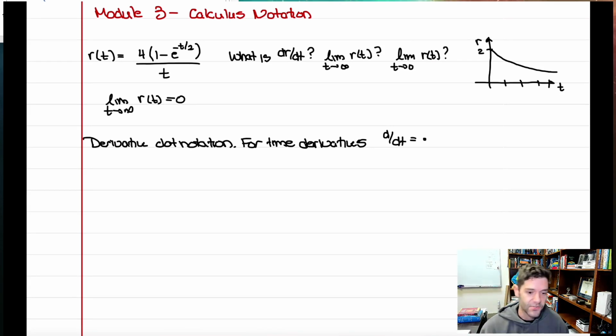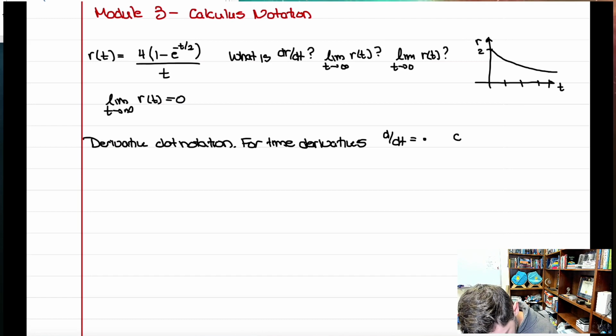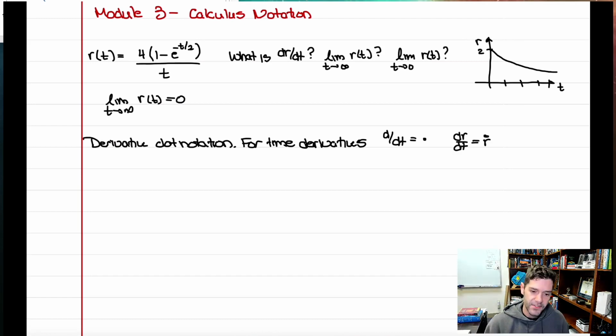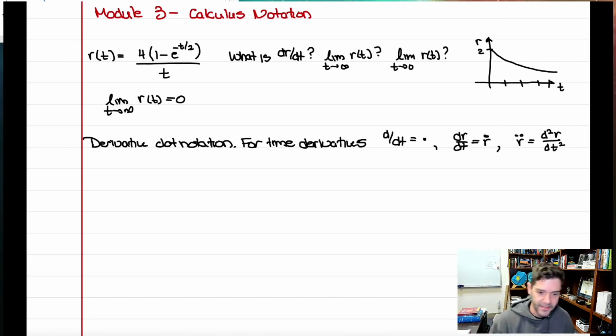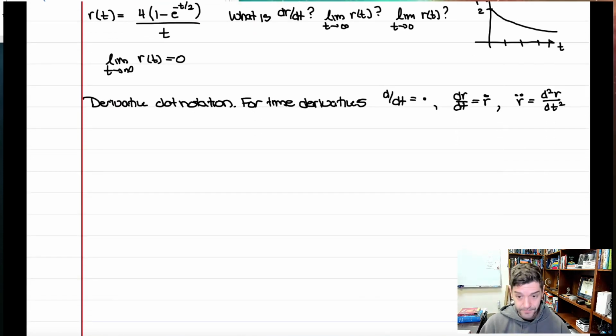I replace that with just a single dot over the function. So dr by dt is instead just written as r dot. If I see r dot, I know that I take r and take its derivative with respect to time. r double dot is the same sort of idea: the second derivative with respect to time, the derivative operator applied twice. I'm going to use the dot notation moving forward, as do your books.